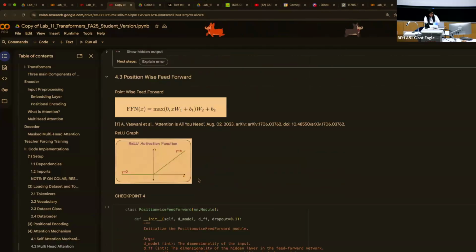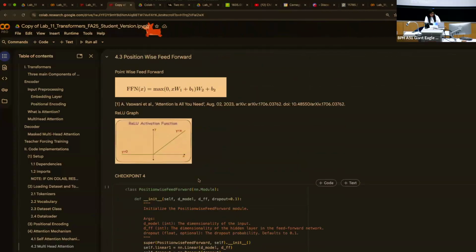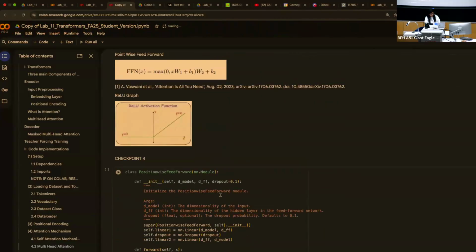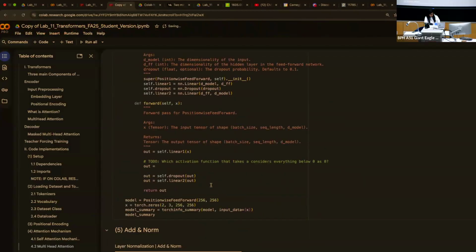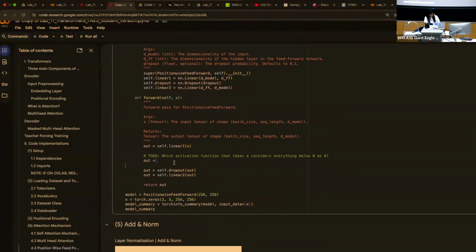Okay, moving on to the fourth checkpoint, that is the position-wise feed forward. This is where the actual learning is happening, and we use the ReLU activation function for this. Here we just need to add that activation.